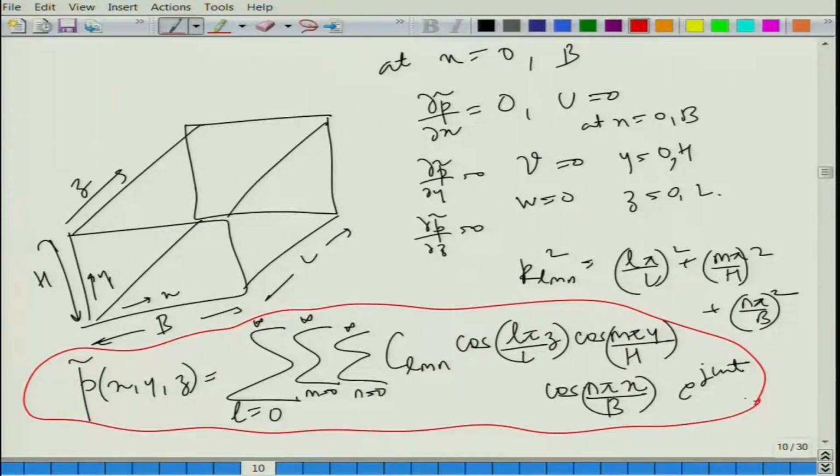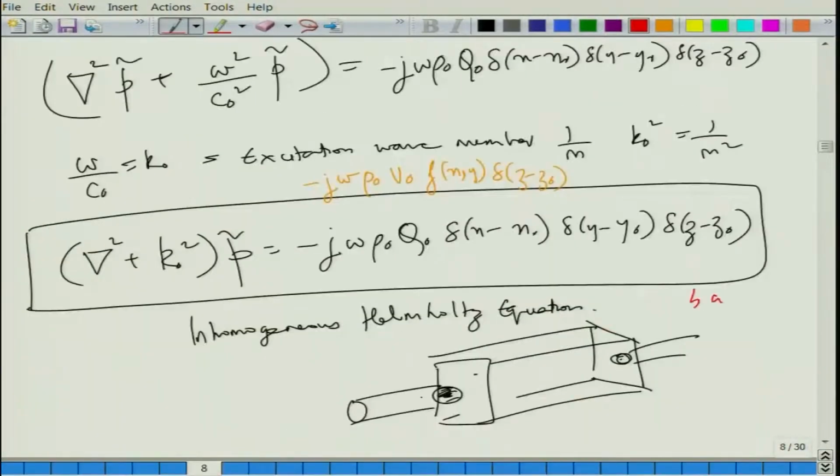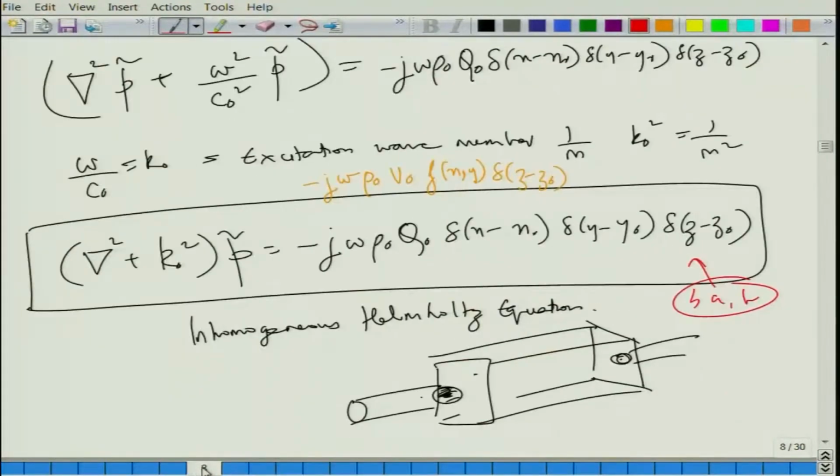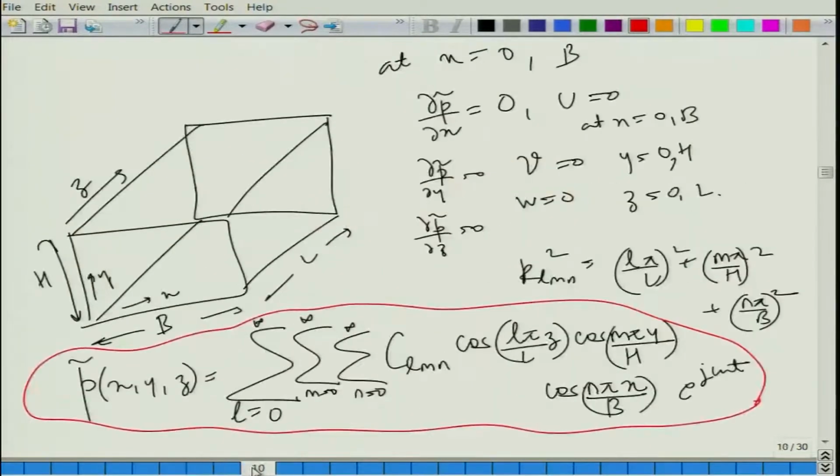will substitute, let us say equation 4 a b, where a corresponds to the point source representation and b corresponds to the piston driven representation. Okay. We will have this sort of a thing. Now, once we do that, we will substitute this back in equation 4 a. Okay. We will substitute this in here and see what we get.